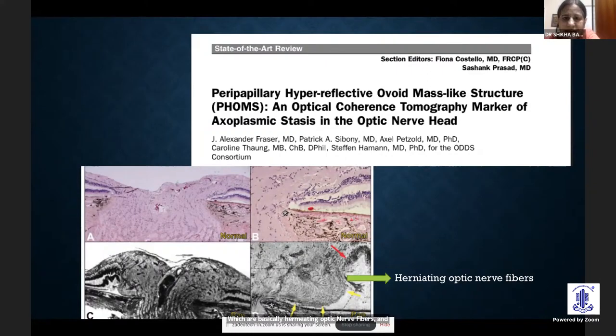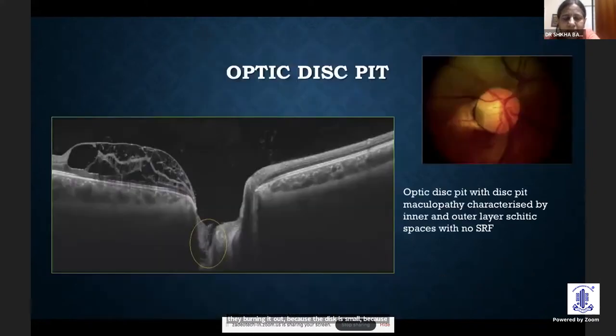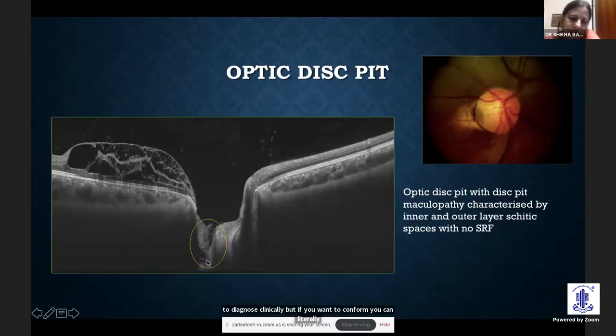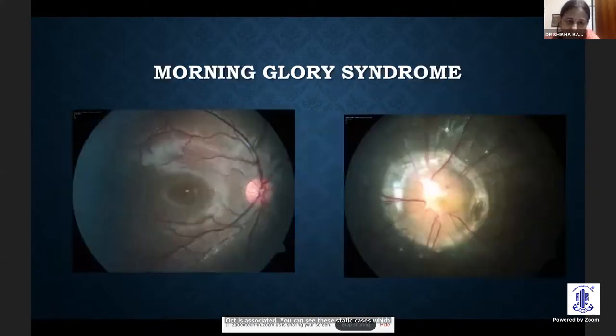Another congenital optic disc anomaly is disc pit, which is not very difficult to diagnose clinically. But if you want to confirm, you can literally see the excavation on the OCT, and in a wide field swept-source OCT, you can see schitic spaces, which may be associated with the pit because of pit maculopathy.